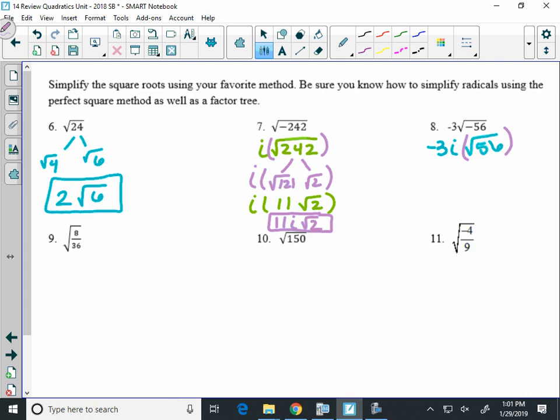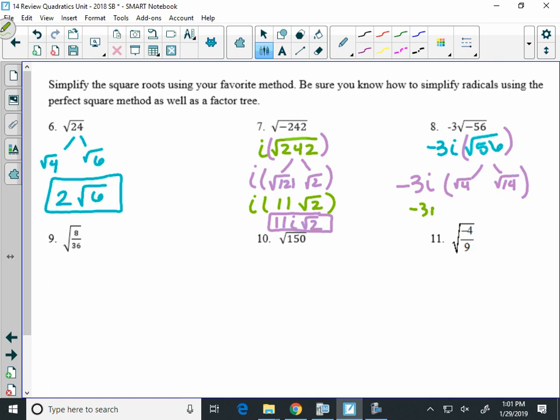We have a coefficient, so we have to put parentheses around it. Okay? And then we have to figure out what's the largest perfect square that can go into 56, and that is 4. Okay? And 4 can go into 56 14 times.